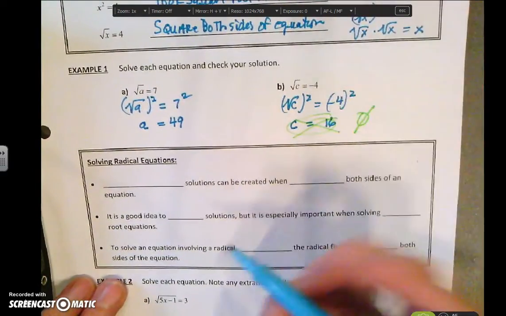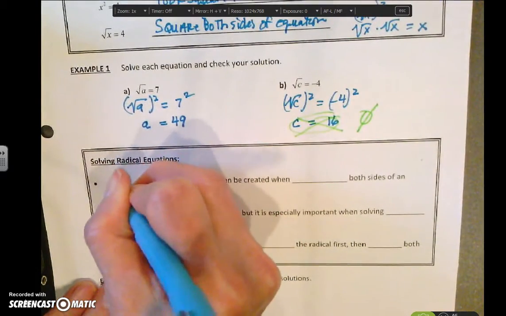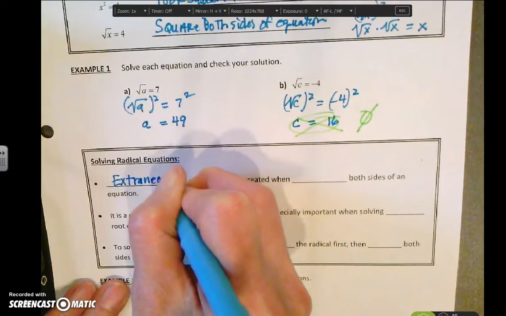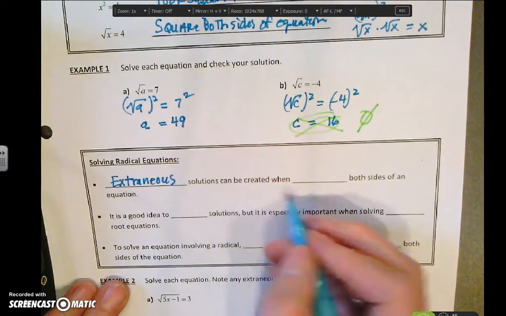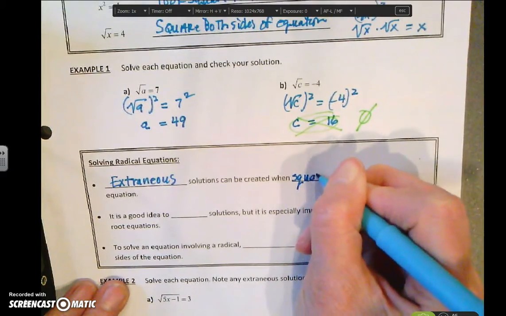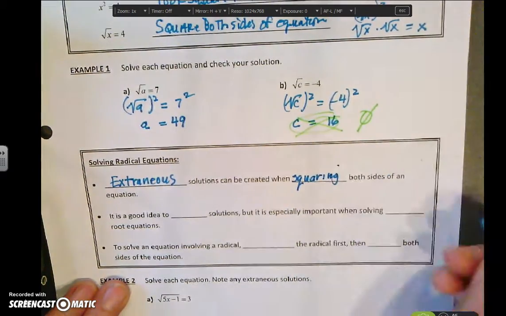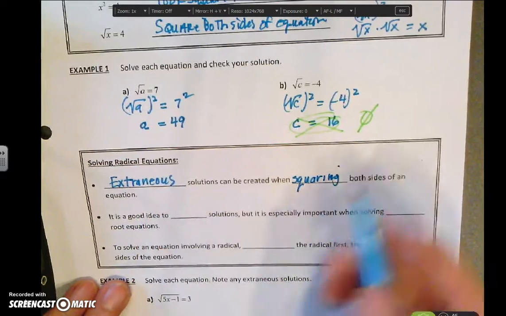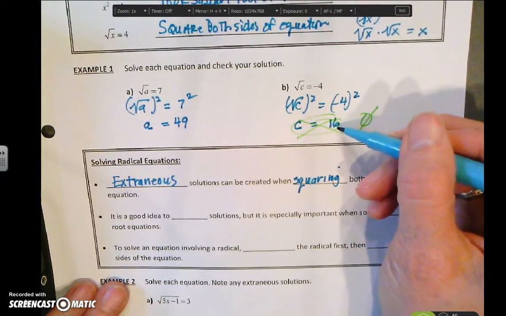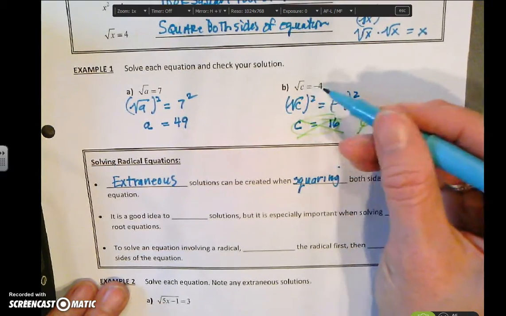So when solving radical equations, extraneous solutions can be created when squaring both sides. And what that means is what happens right here. When we squared both sides, we got an answer which was close but didn't check.